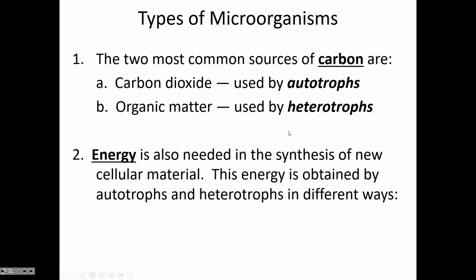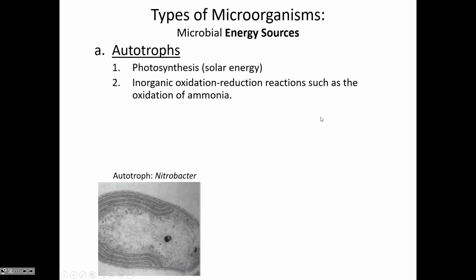They're organic material. So likewise, autotrophs and heterotrophs get their energy from different sources as well. Autotrophs, the ones that are using carbon dioxide as their carbon source, get their energy either from photosynthesis or from oxidation reactions utilizing ammonia.